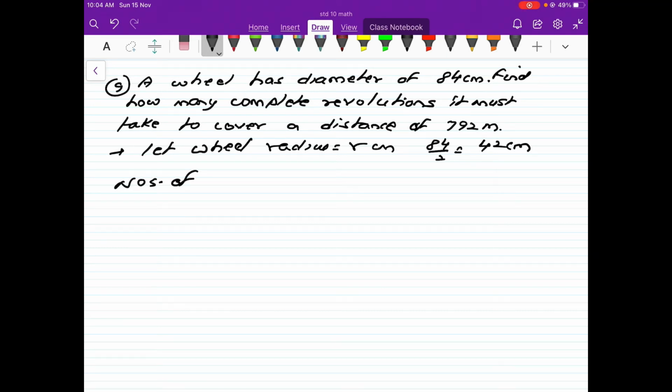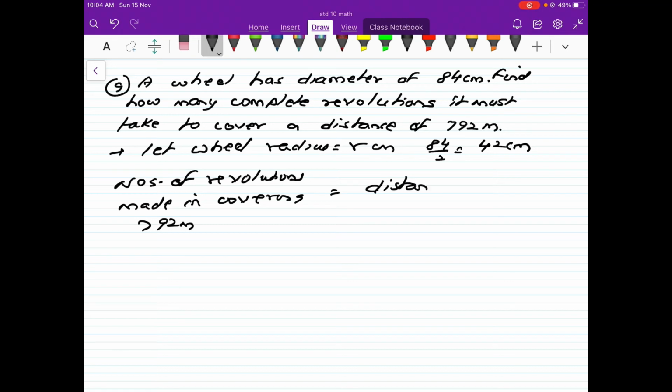We have already seen a formula. Number of revolutions made in covering the distance of 792 meters is equal to the distance upon the circumference of the wheel.